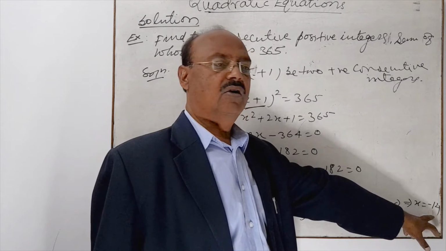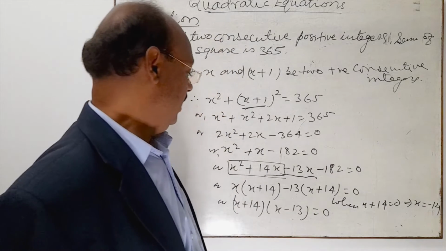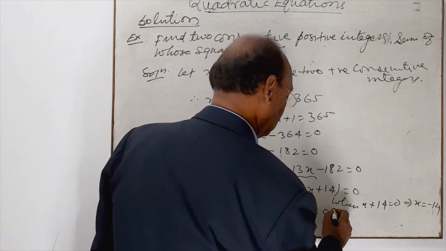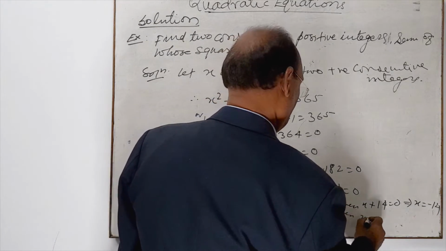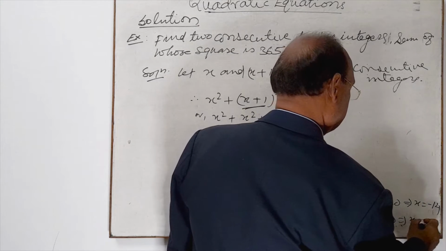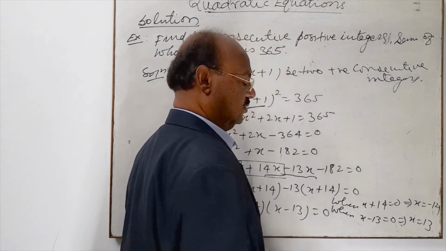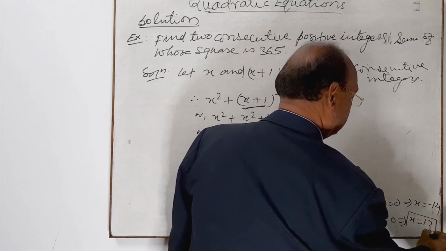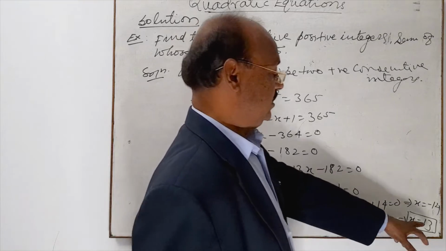So this answer is not correct. And from this part, when x minus 13 is equal to 0, you get x is equal to 13. So x equal to 13 is acceptable here because this number is positive.